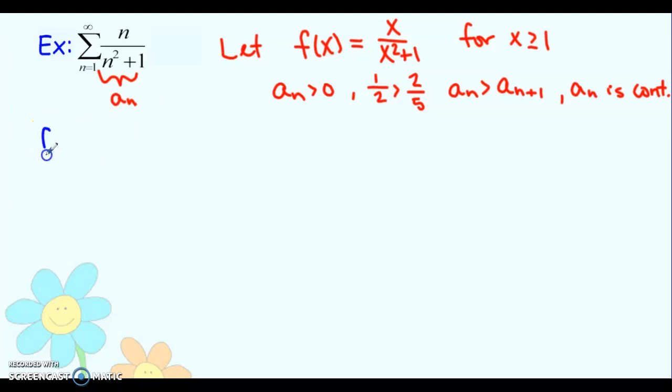So now we're going to take a look at the integral. We're going to take a look at the integral from 1 to infinity of n over n squared plus 1. If you want to use x, you can do that.